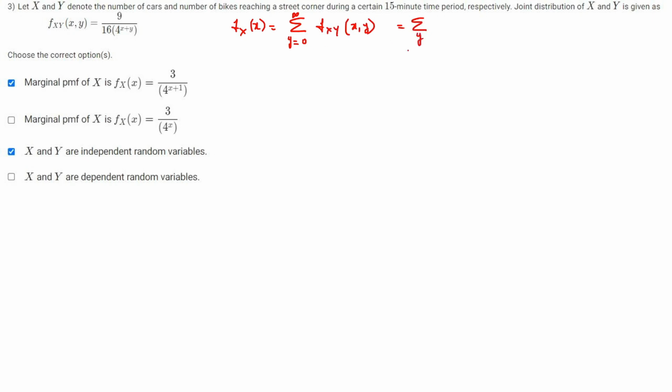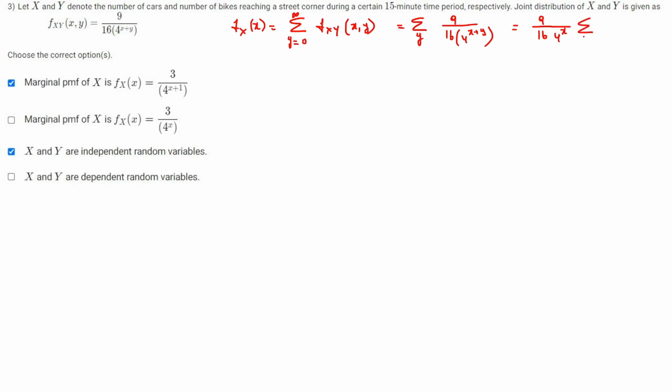Now I'll simply write y here: sigma y of 9 by 16 into 4 to the power of x plus y. Now I'll take all the constants outside, that is 9 by 16, and I'll also take x outside, that is 4 to the power of x.